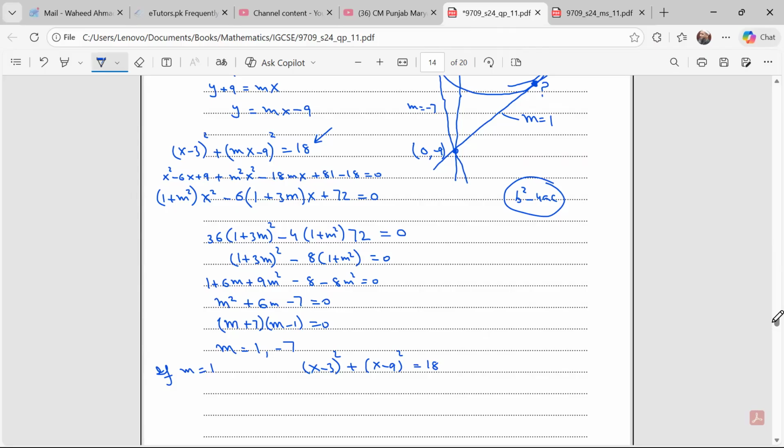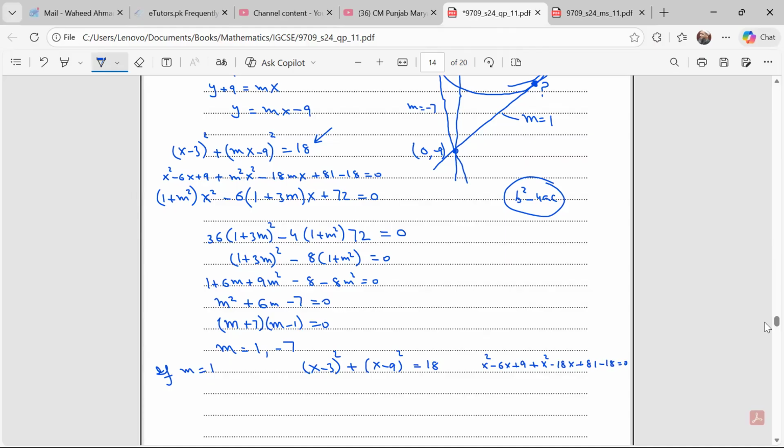Okay, so if I open it, it's x squared minus 6x plus 9, and then plus x squared minus 18x plus 81 minus 18 equal to 0.